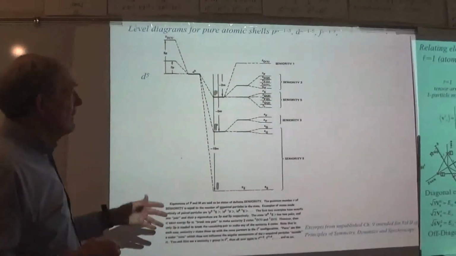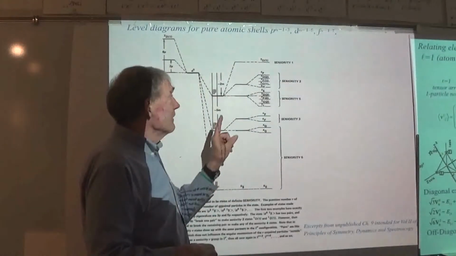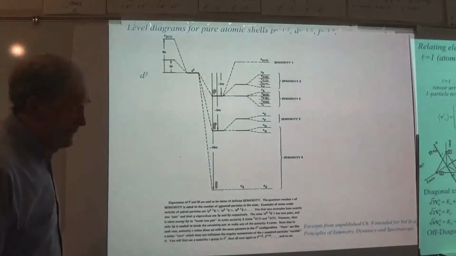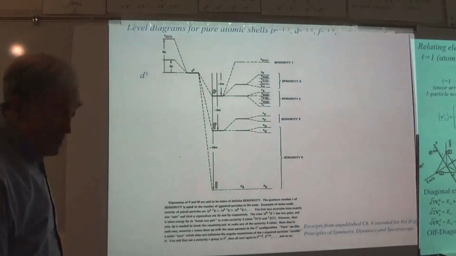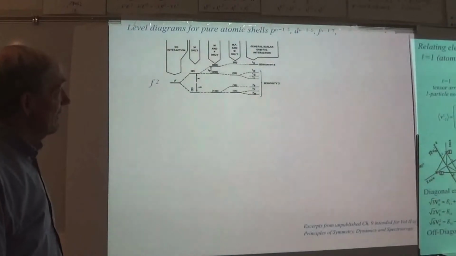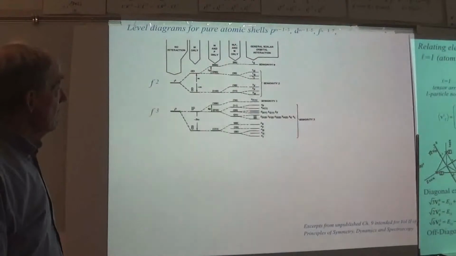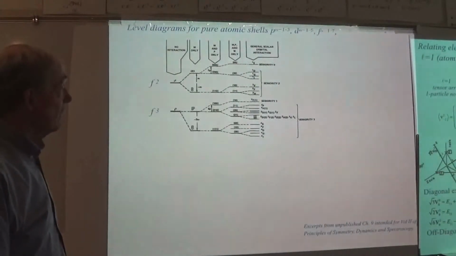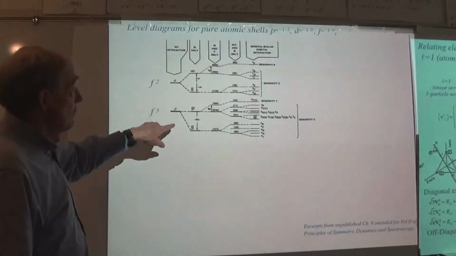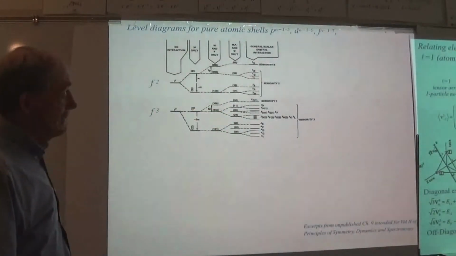There's some comments on the seniority, which is the number of unpaired electrons. Here we only have one pair that isn't paired up at the very top there. Okay, but you ain't seen nothing yet. F squared already is more complicated than our little exercise today. But F cubed, it goes up another order of magnitude. Here's our tableau that we worked on today. You put a 7 on this and you've got a lot of states in there. It's not just an octet anymore.